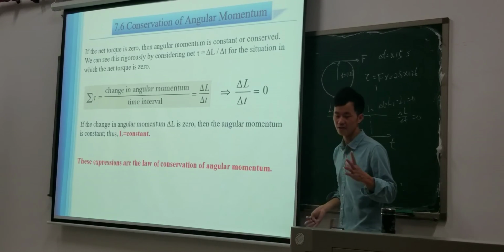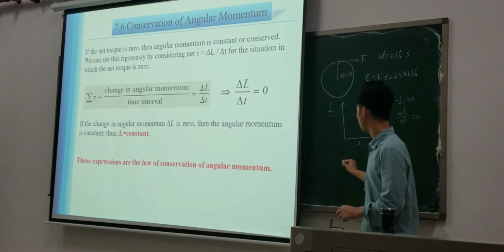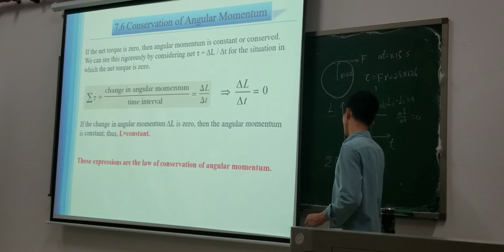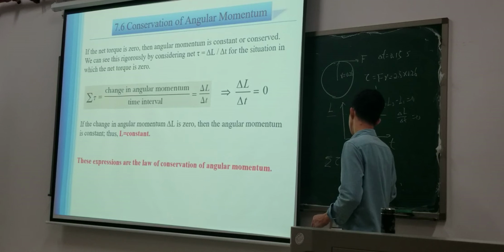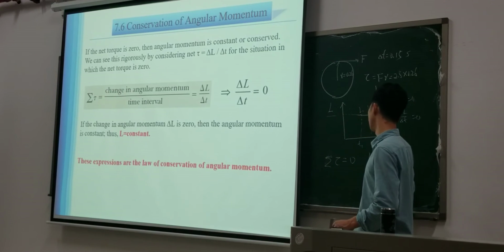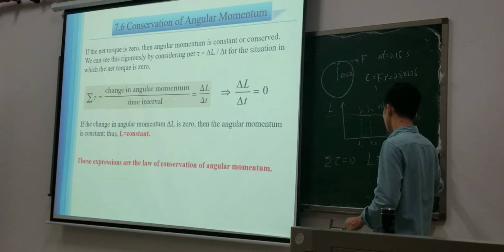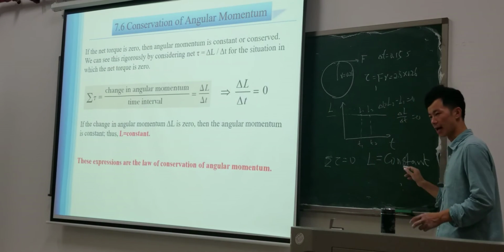It means if the net torque tau is 0, then the angular momentum L is a constant, it does not change with time.